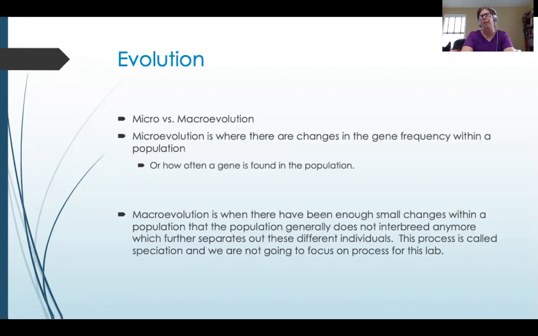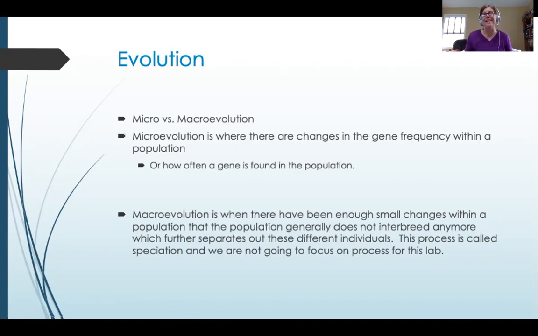Most of us, when we think of evolution, think of the progression of, you could say, dinosaurs to birds, or apes to humans, okay? And that would be macroevolution. That would be the process of speciation, going from one species to another species.